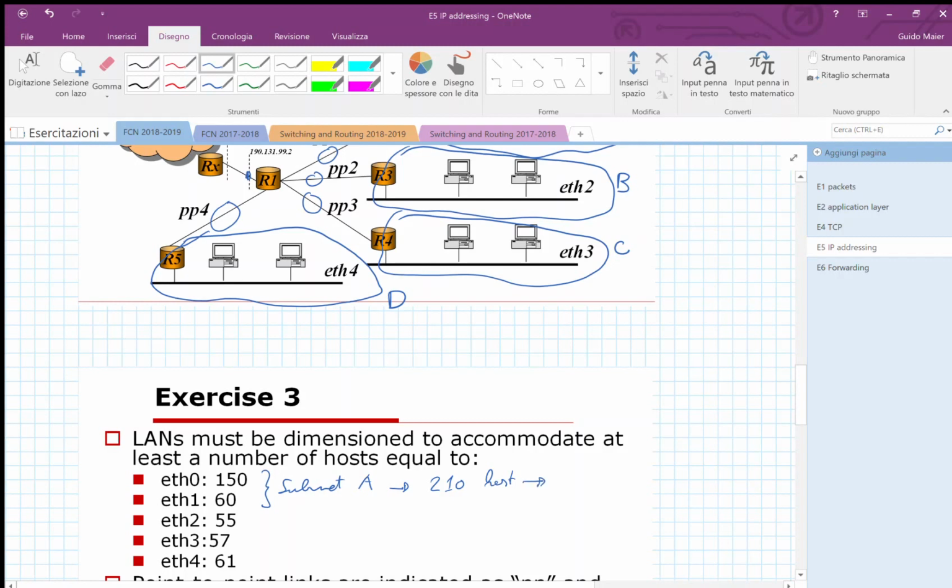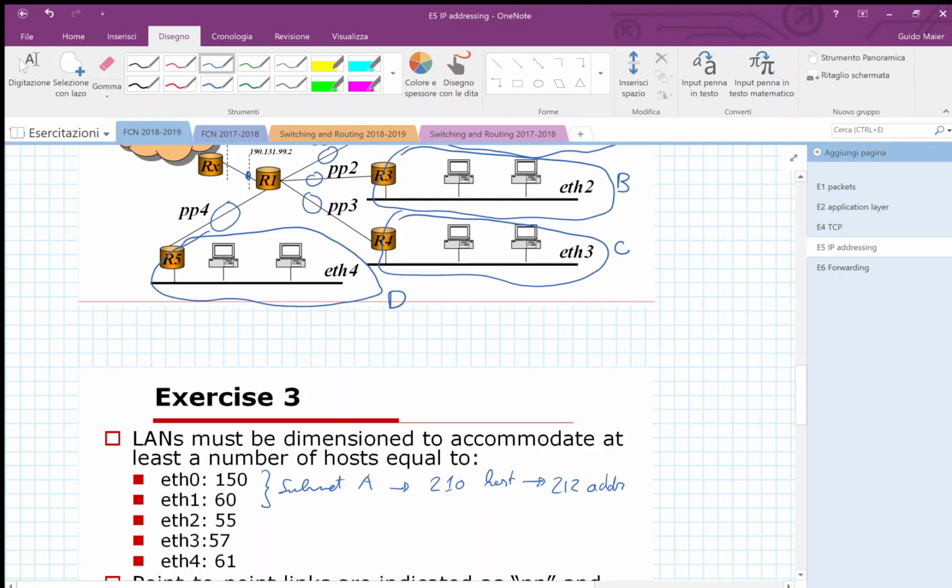If we want to assign 210 hosts, we need at least 212 addresses, because you know that in each subnet you always have the network identifier address and the direct broadcast address. So we need 212 addresses.